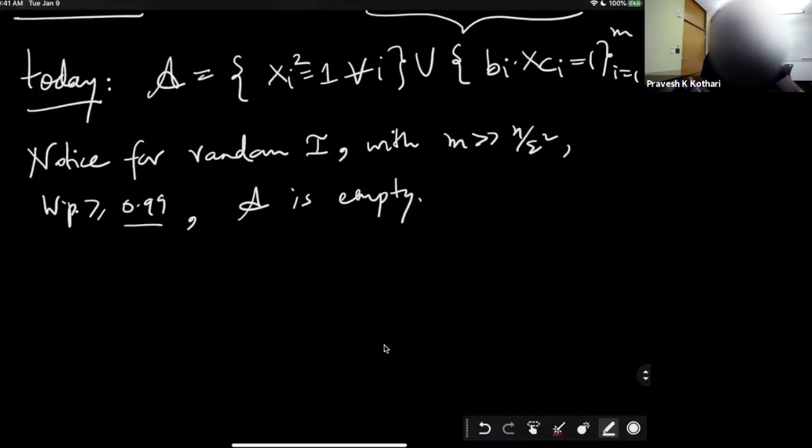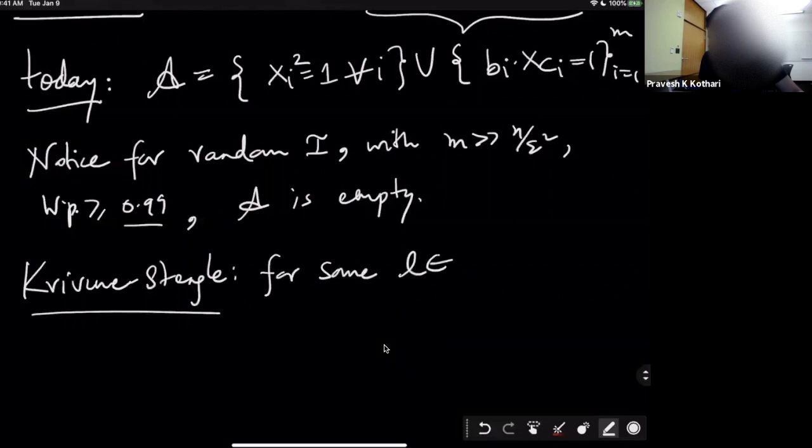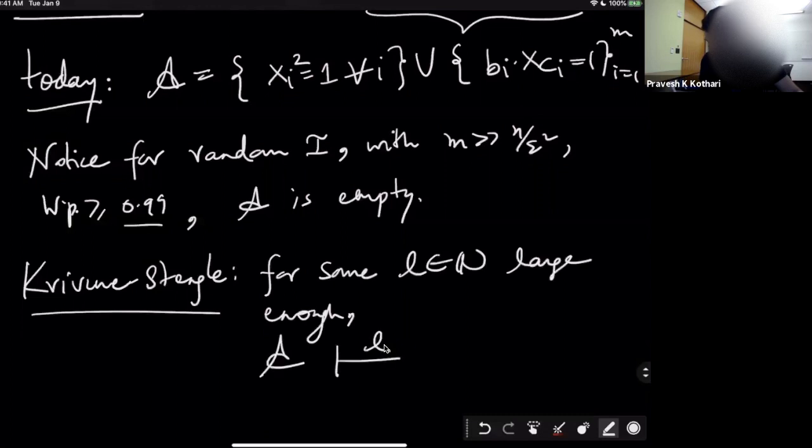So in particular, Krivine and Stengle told us that for some large enough L, A derives -1 bigger than or equal to 0, because A is in fact empty.